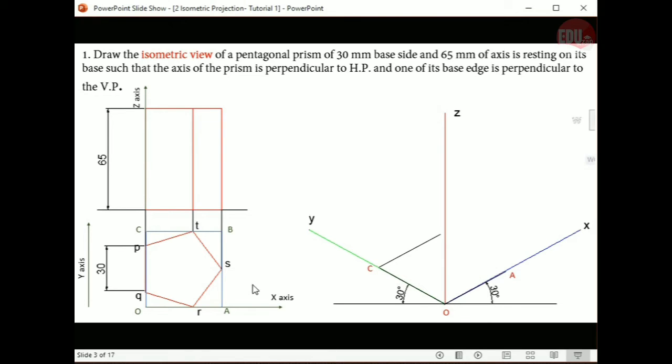To find B, you have to draw a line which is parallel to this line. So you have to draw a line parallel to OA from C, like this. Okay, similarly, you have to draw another line.